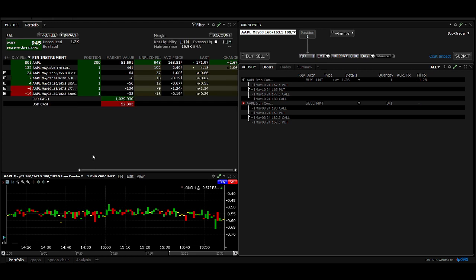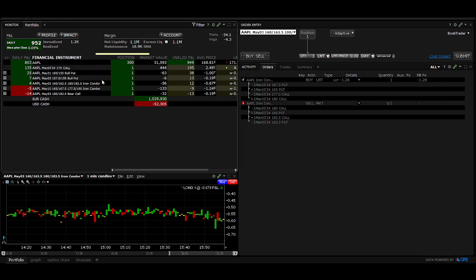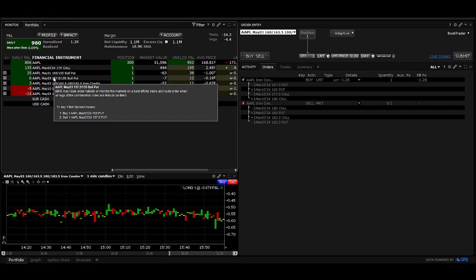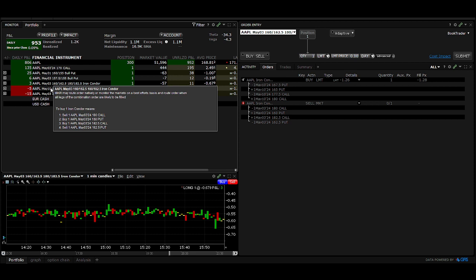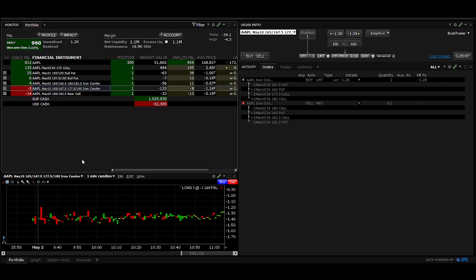Now let's go to the portfolio tab, and there you can look at the portfolio. The one that we bought just now is this Apple, expiring on May 10th: Apple 165, 175.5, 177.5, 180 iron condor.